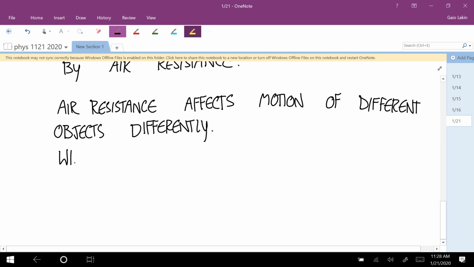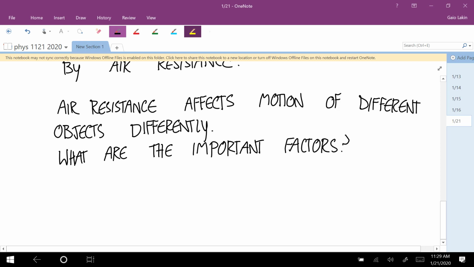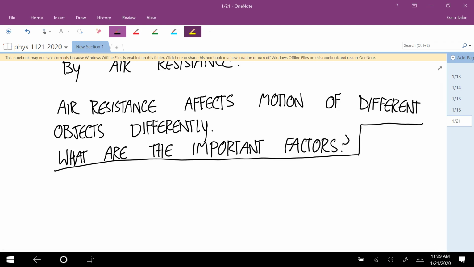What are the important factors? How can you look at an object and get a sense for whether, if you dropped it, it would have roughly an acceleration down of 9.81 meters per second squared, or if air resistance would have a drastic effect on its motion?